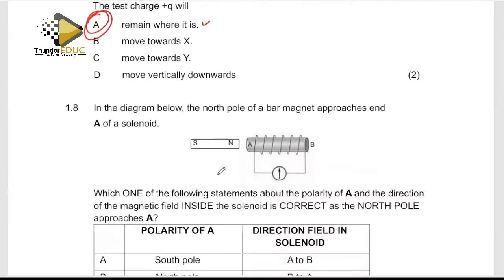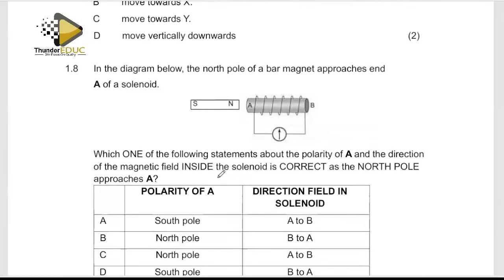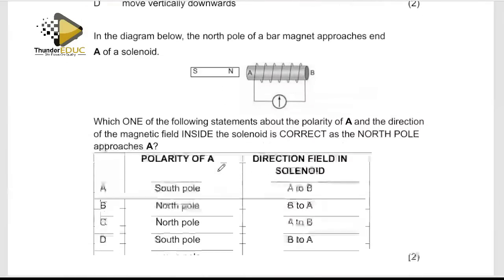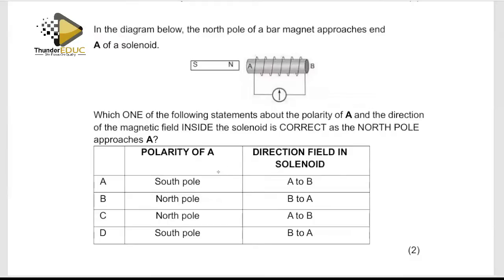Then 1.8, we have a diagram showing the north pole of a bar magnet approaching the end A of a solenoid. Which of the following statements about the polarity of A and the direction of the magnetic field inside is correct as the North Pole approaches? We saw this in our reviews in one of the papers, I think it was Eastern Cape, where we looked at induced magnetism.